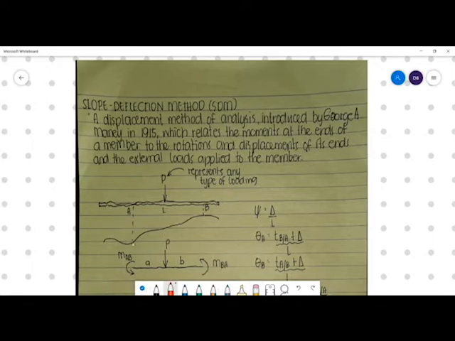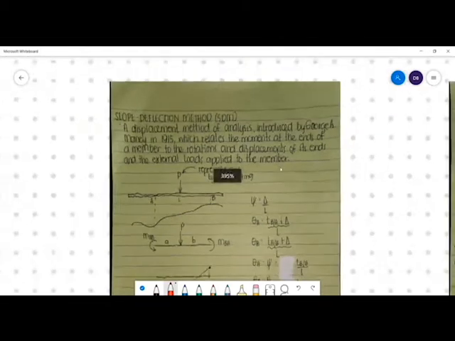So kumuha tayo ng segment AB, no, na length L, and then assume na when subjected to type of load, it will deflect in this manner. Okay?